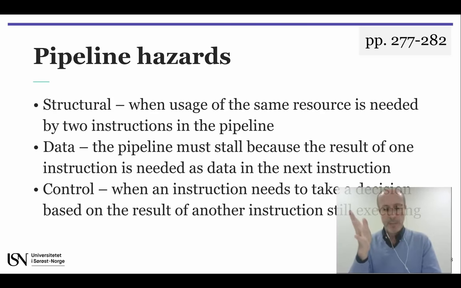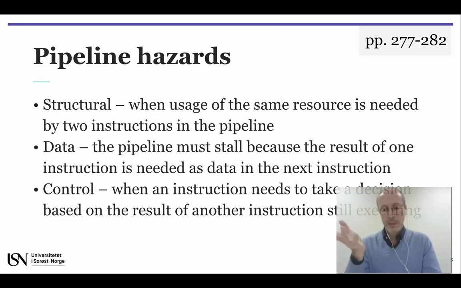It may also happen that one instruction needs to use data that is still in the pipeline, and that would be a data hazard. A typical example is when the result of an addition is needed by the next instruction. And finally, it may also happen that we need to postpone a decision because the result of a given instruction is not yet available.